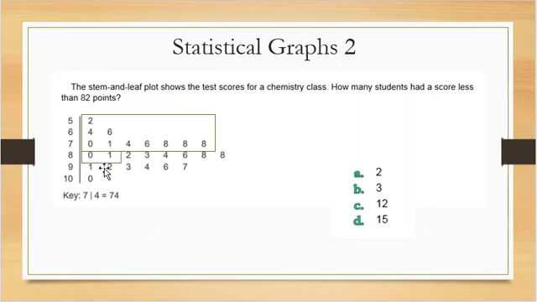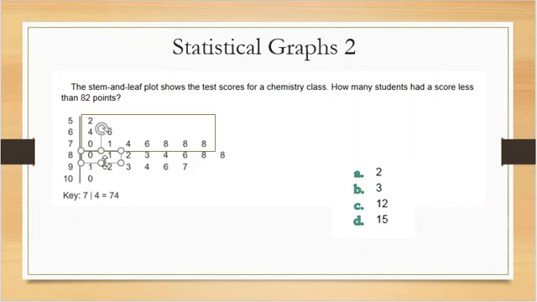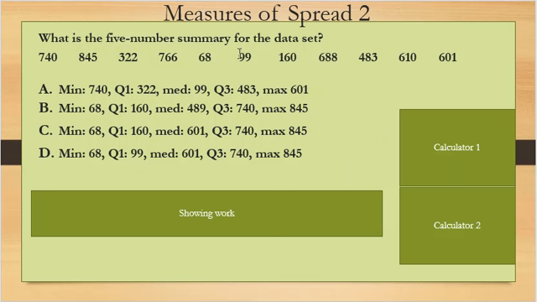And you know what? I can just do it this way, so that way. All right, so now we have measures of spread 2. And you've got to know how to do the 5-number summary for a data set.